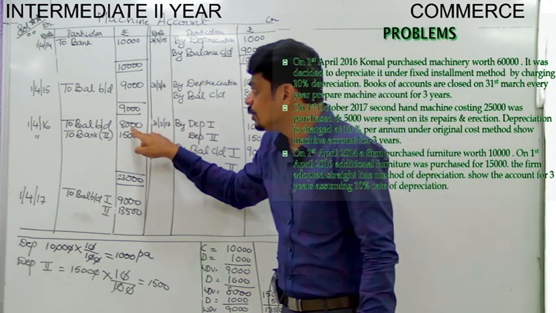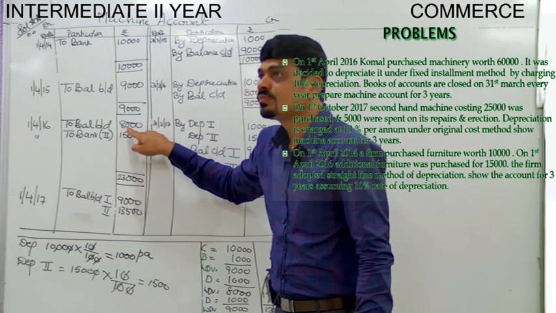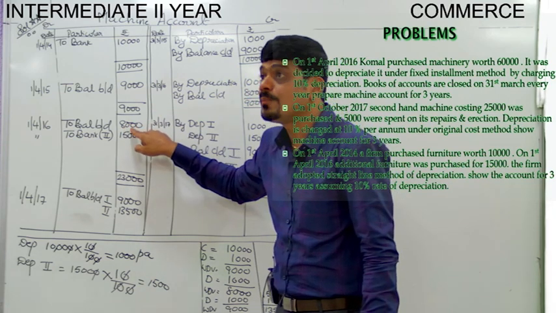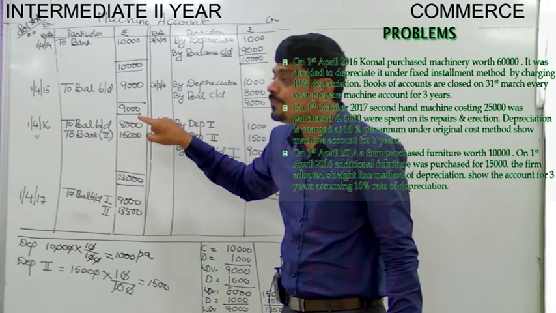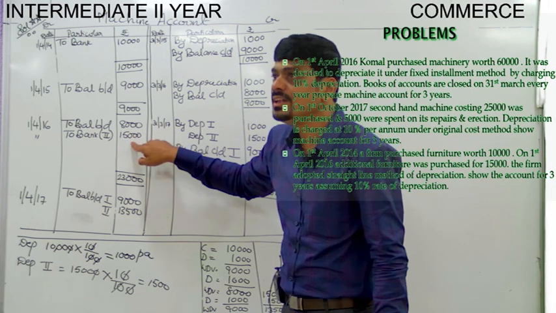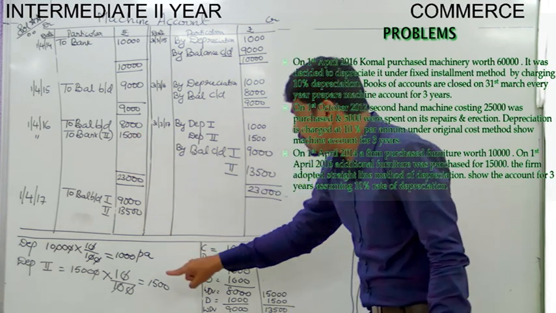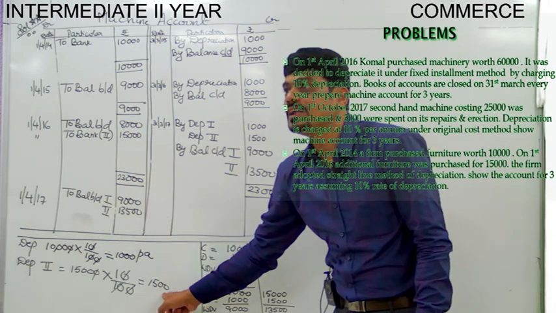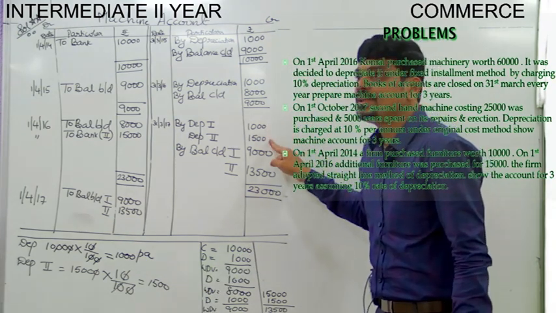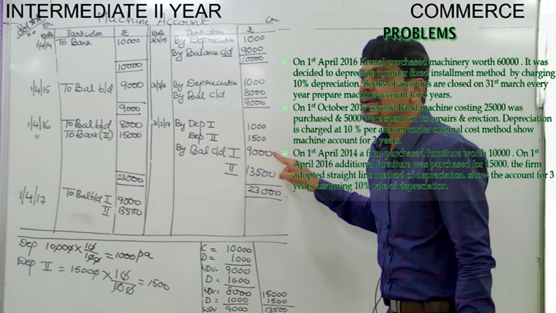In the 3rd year, we brought down the balance of 8,000, and there was an addition to the asset worth 15,000. For that 15,000, we calculated 1,500 depreciation. Here we charged 2 separate depreciations and got 2 separate values.